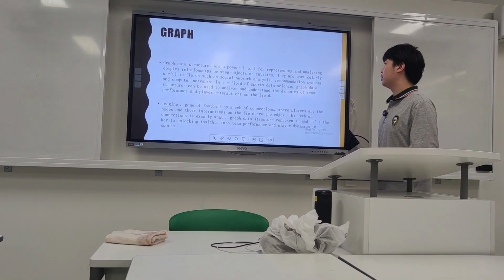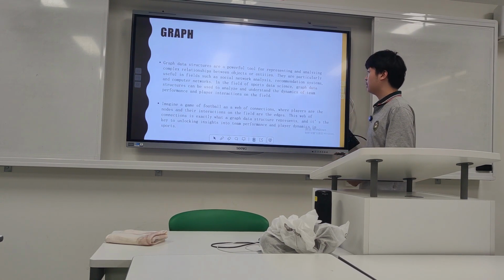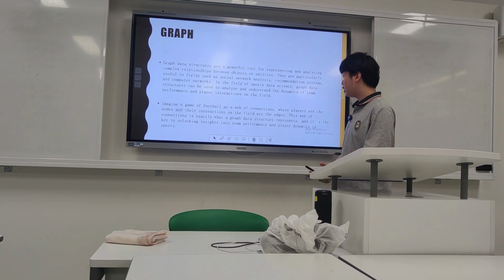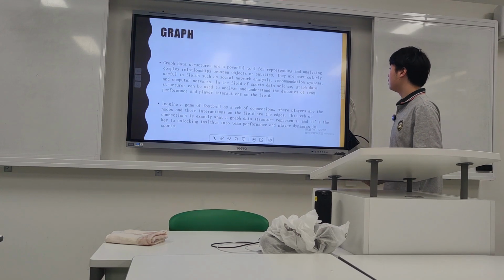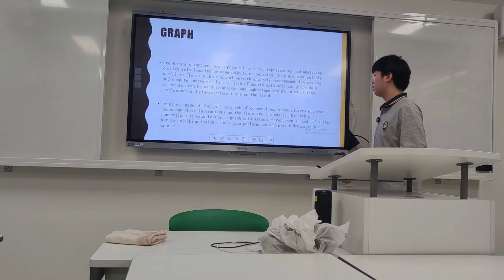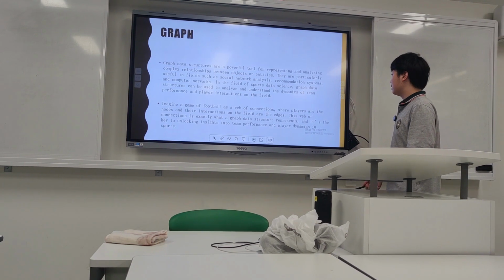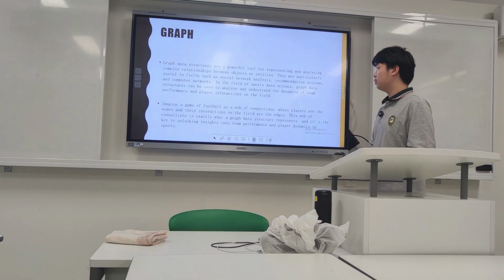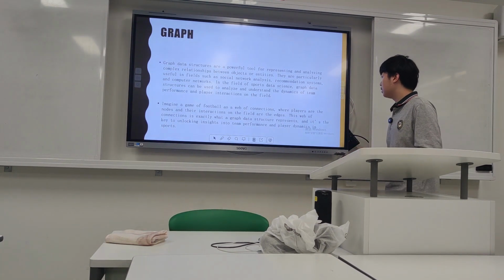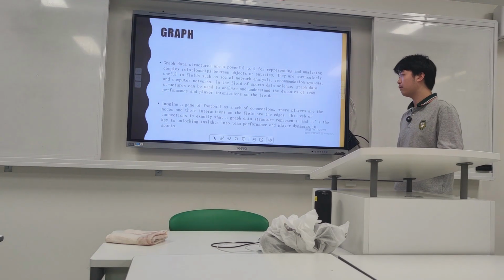Graph data structures are a powerful tool for representing and analyzing complex relationships between objects or entities. They are particularly useful in fields such as social network analysis, recommendation systems, and computer networks. In the field of sports data science, graph data structures can be used to analyze and understand the dynamics of team performance and player interactions on the field.